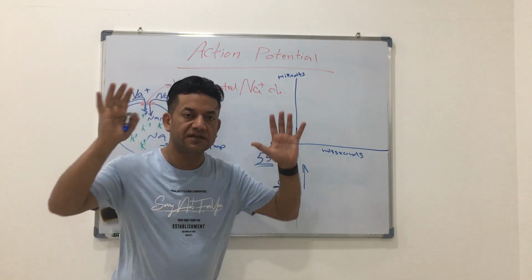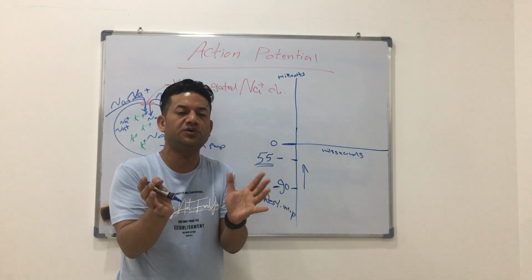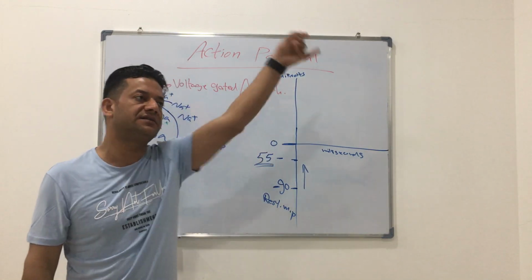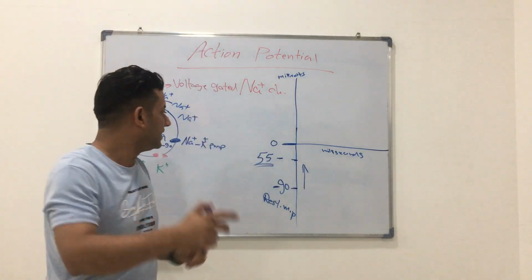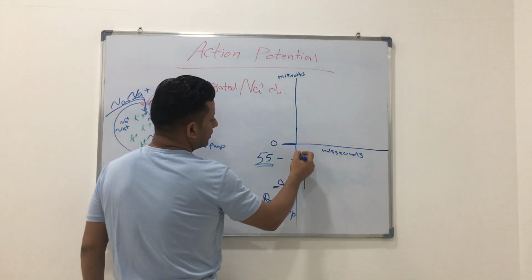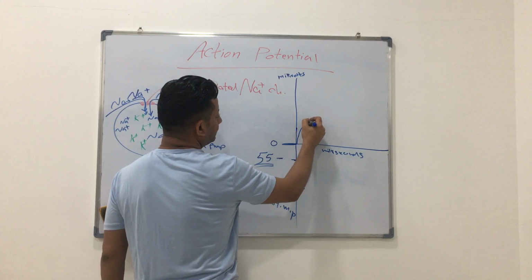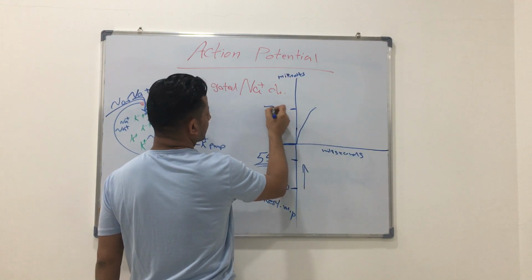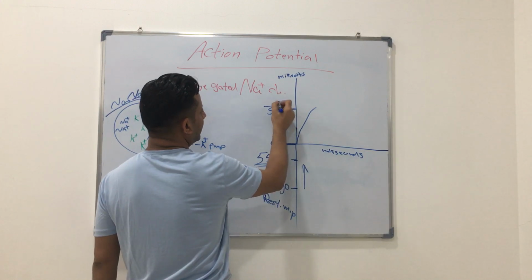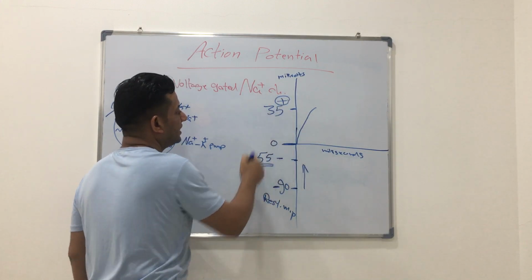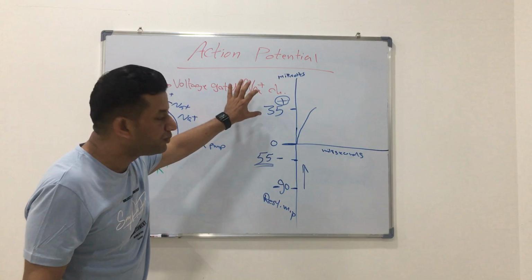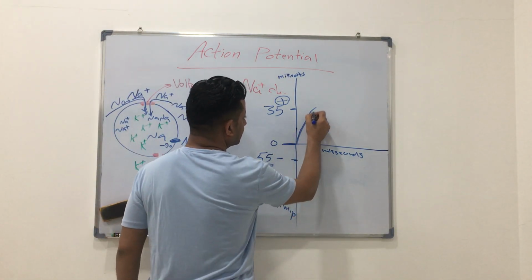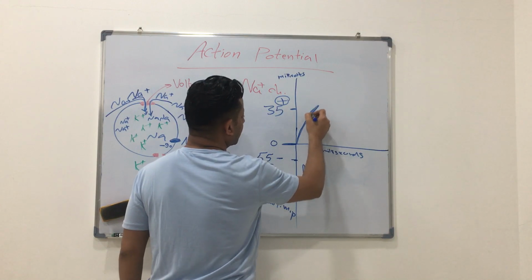This tremendous entrance of sodium ions will quickly increase the positivity inside the cell to reach about 35 millivolts in positive state. This phase is called the depolarization phase.